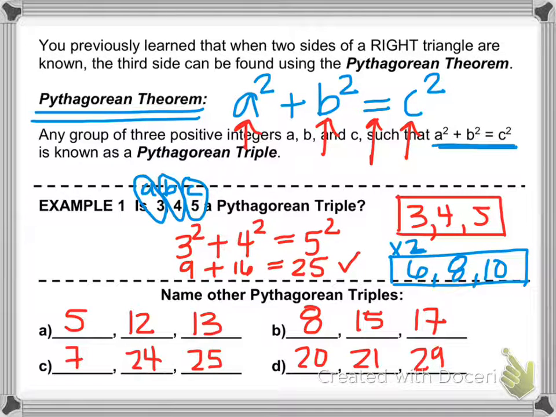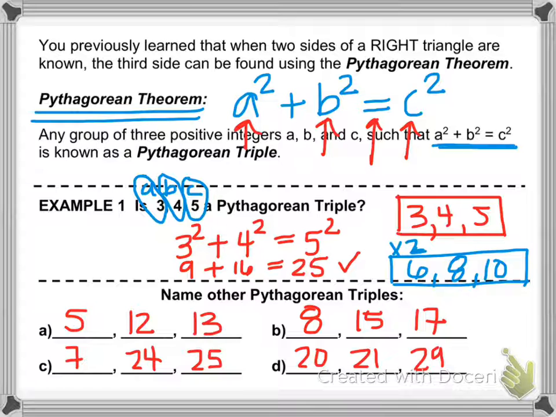So I could multiply any of these by 2, 3, 4, 5, and so on, and I've got an endless supply of triples. So why am I showing you this? These aren't something you have to memorize, but if you can recognize them, they will save time. It's kind of like if you know your multiplication facts, it saves you time so you don't have to get out the calculator.